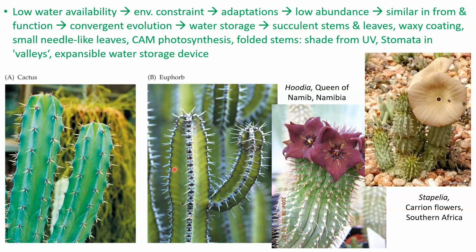So this folding of the stem creates something called self shading. It prevents overheating of the plant, or being damaged by high energy UV radiation. And in fact, if there are stomata at all, those stomata are located in the deep furrows of the folded stem, which also minimizes water loss.